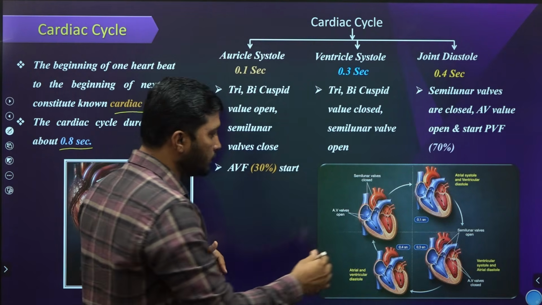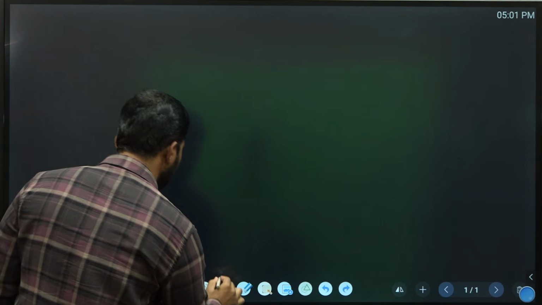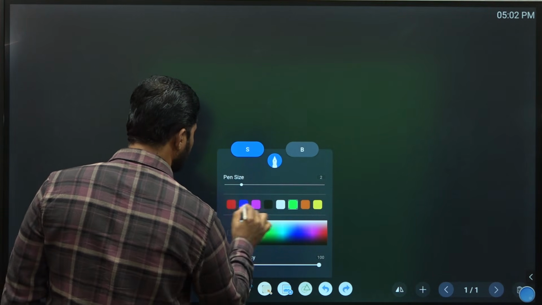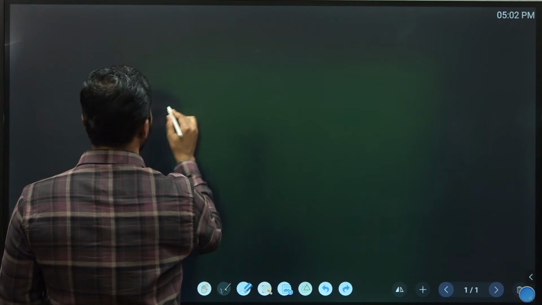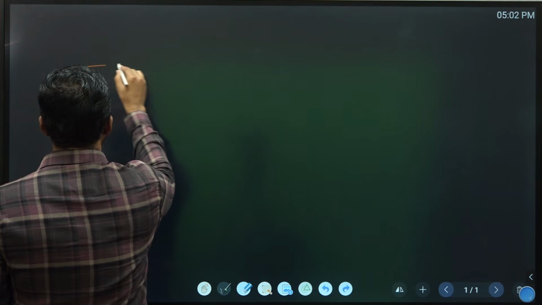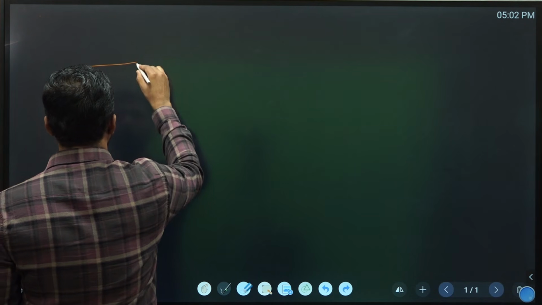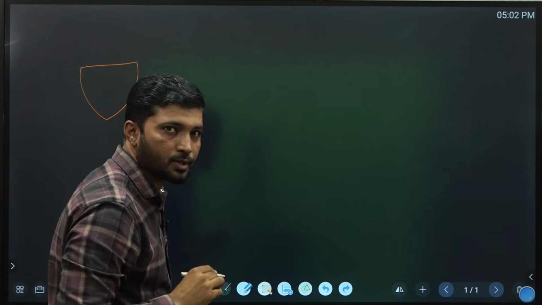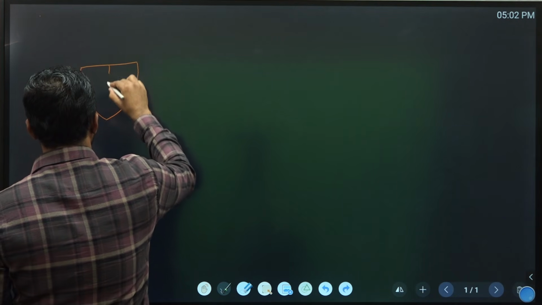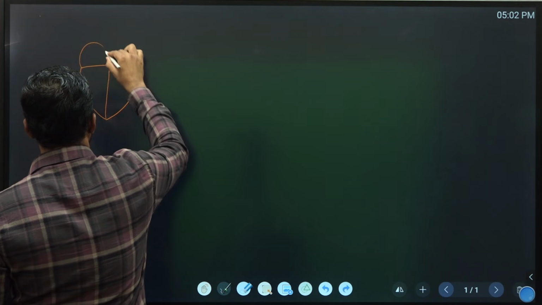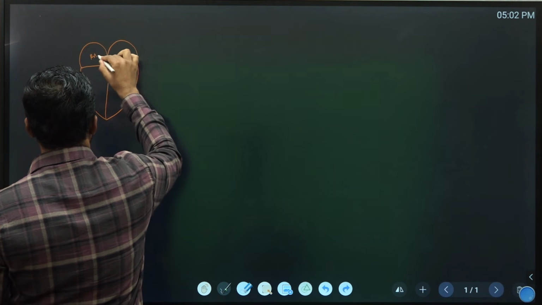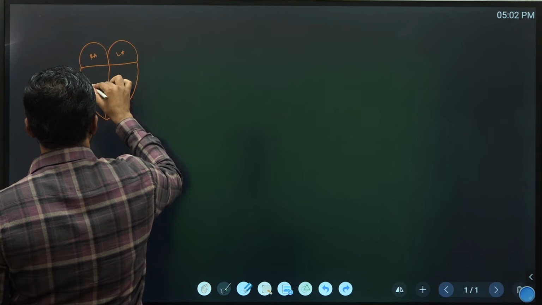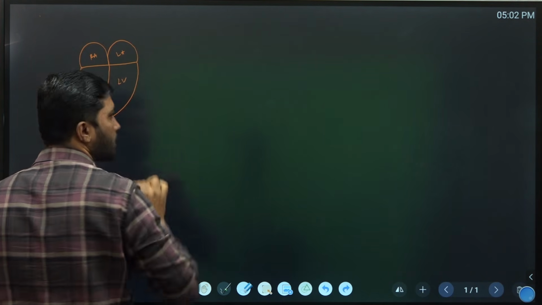Now in the slide, the structure. Already we have discussed the fibroskeleton in the heart. This is the heart: right atria, left atria, right ventricle, left ventricle.